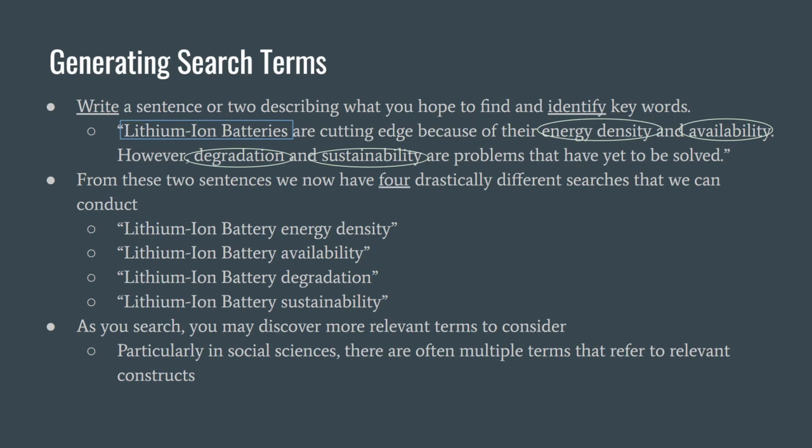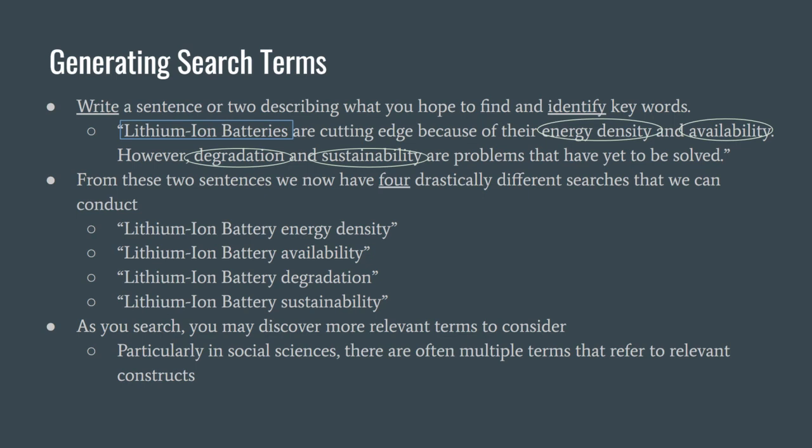So I can come up with a sentence like how I told earlier that we need to start with a goal. Typically for myself, I'll make a sentence that looks very close to my hypothesis. So I'm going to make a sentence about what I want to show from my literature review. And then I'll go through and look at what my sentence structure is. So I'm talking about lithium-ion batteries.